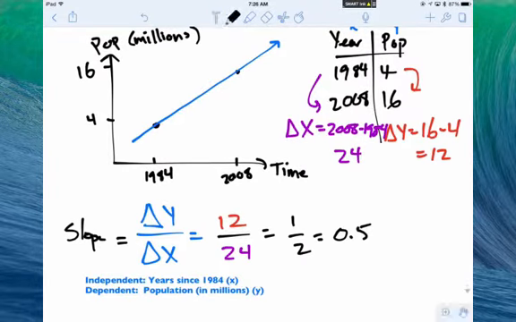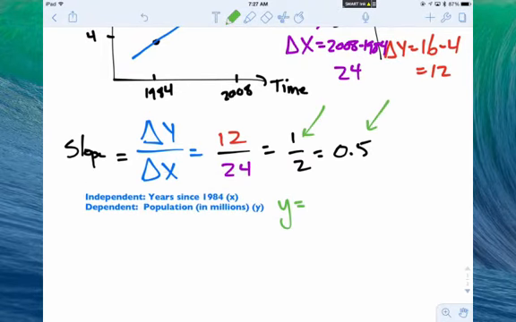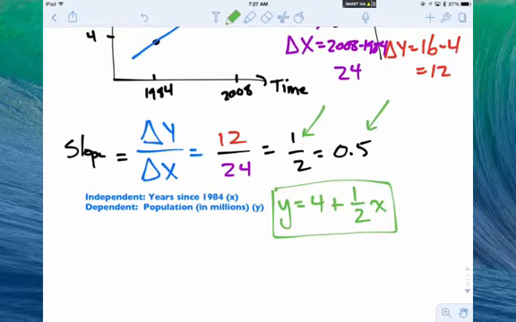We know that in 1984 there were 4 million people in the city, and it grew at a rate of 1/2 or 0.5 million people per year. So the equation would be Y equals that starting number, 4 million, plus that rate of change, 500,000 people per year, times the number of years. Not so bad at all.